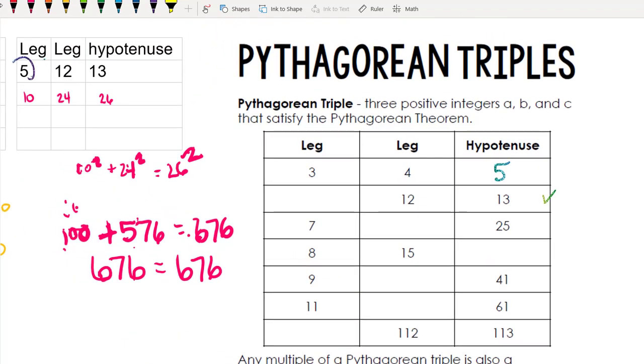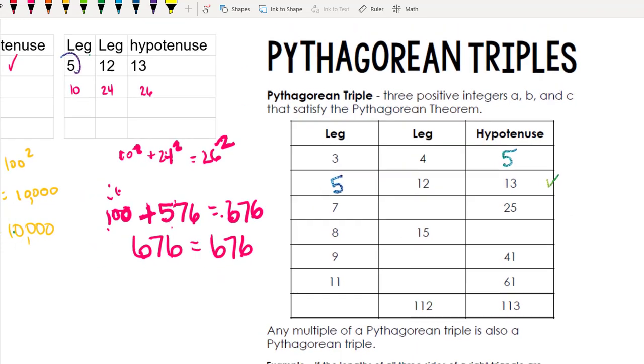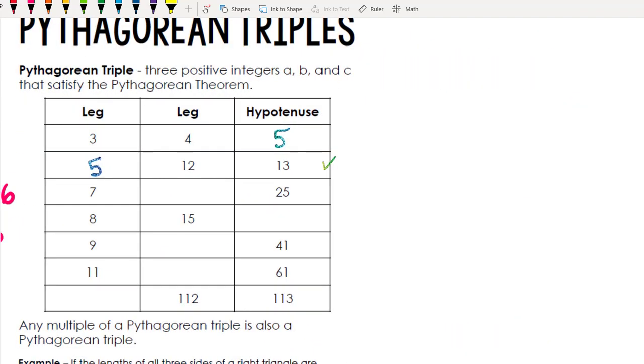All right, 7 and 25. Let's look and see what we can do with 7 and 25. So we'll have to do 7 squared plus we don't know the other leg, and 25 squared. So this is 49, and this is 625.